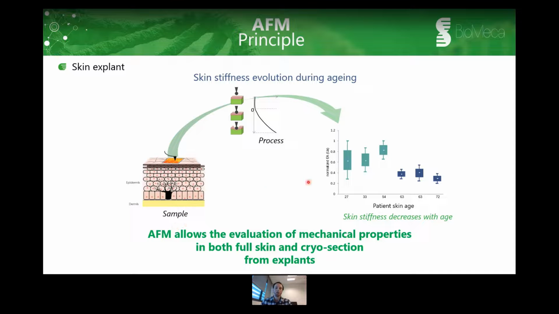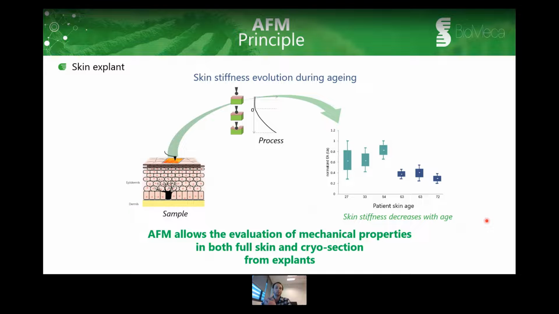Thanks to this process, as you can see on this graph, the overall stiffness of the skin decreases with age compared to younger conditions, meaning that skin stiffness decreases with age. So with AFM, we can evaluate mechanical properties in both full skin and cryosections from explants.